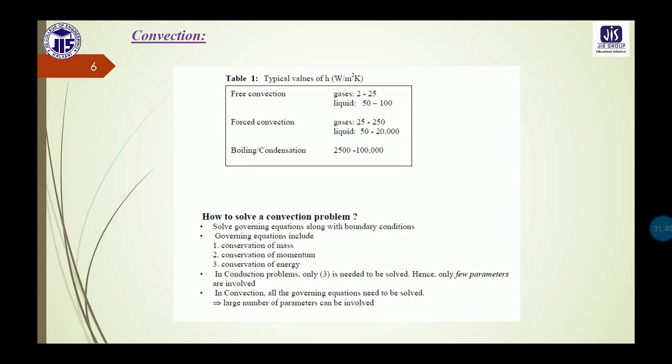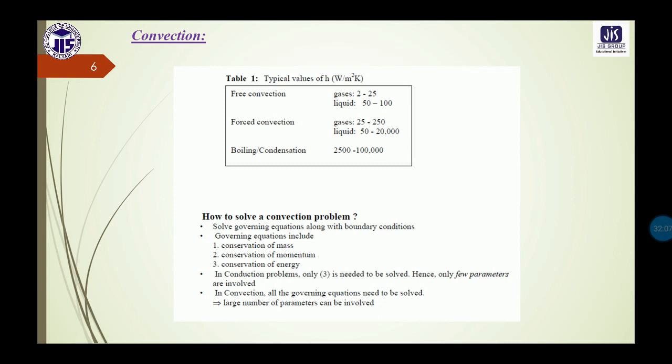Now this is a table that gives us some typical values of the convective heat transfer coefficient. The unit is already known to us, watt per meter square Kelvin or watt per meter square degree centigrade. In free convection, for gas the value of h is in the range of 2 to 25, and for liquid it ranges within 50 to 100.